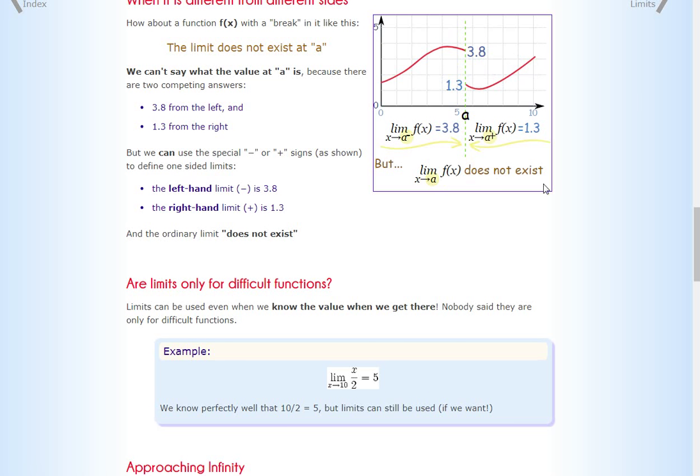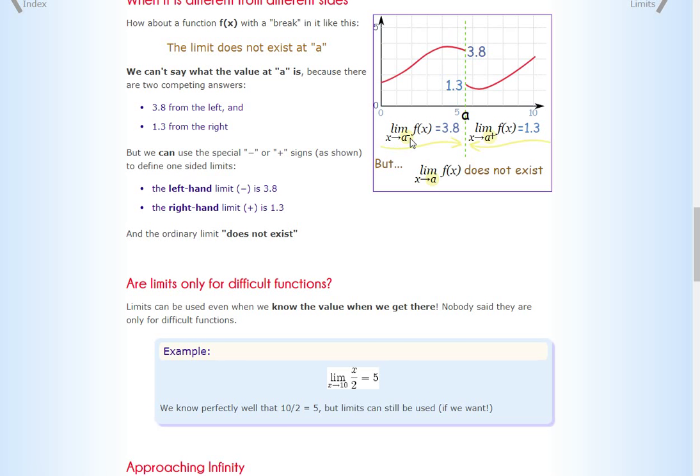One thing we can do is use one-sided limits, which have some special symbols. You can see the special symbols right here. This says the limit as x goes to a with a little negative above the a. That's going to represent a limit that's approaching from the left side.